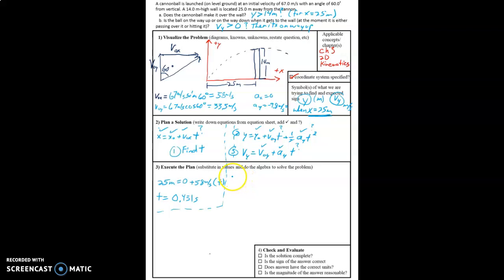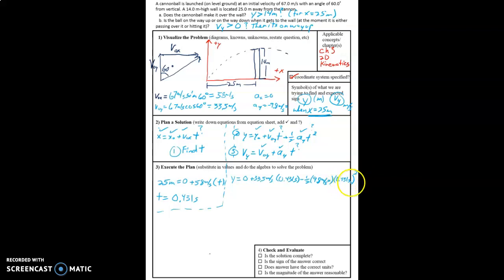Now for the vertical direction, we can say y equals 0 plus 33.5 meters per second times 0.431 seconds, minus one half times 9.8 meters per second squared times 0.431 seconds squared. Make sure your squared is outside the parentheses.